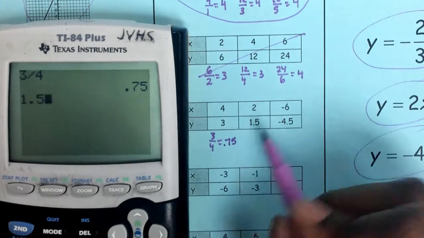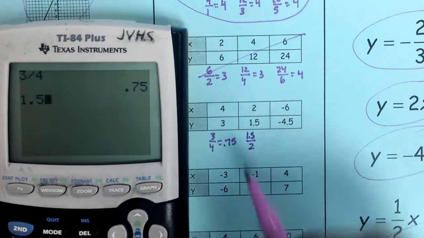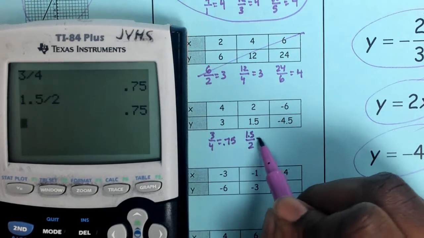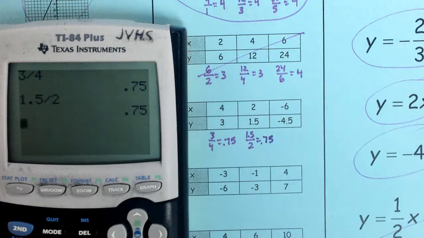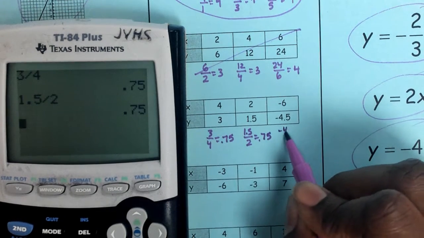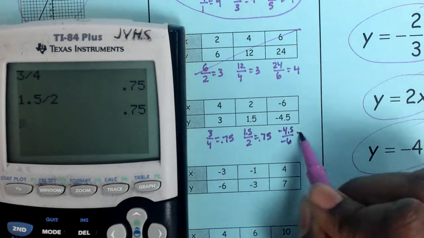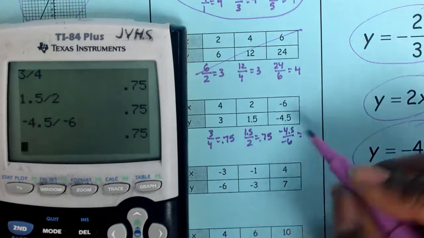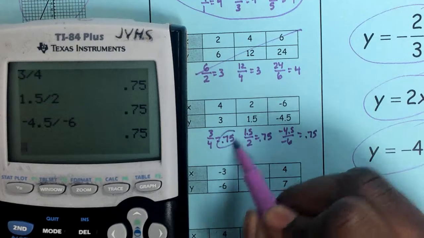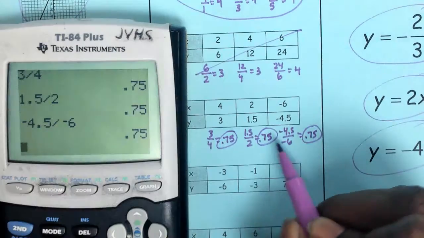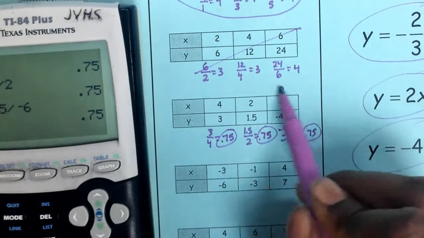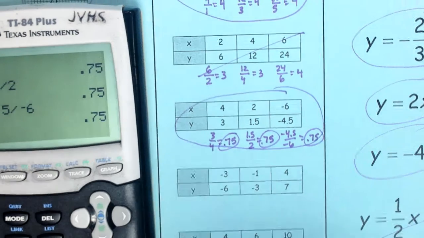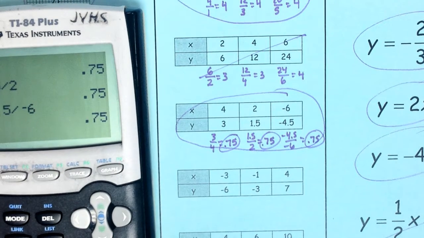The next one, I got 1.5 divided by 2 equals 0.75. The last one is negative 4.5 divided by negative 6 equals 0.75. It looks like I have 3 matches. They must be the same. That means yes, y varies directly to x. It is direct variation. Okay?